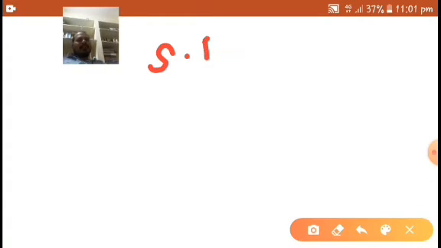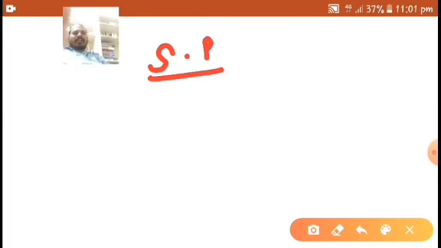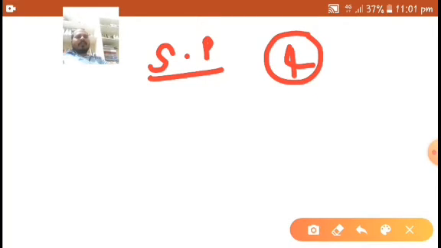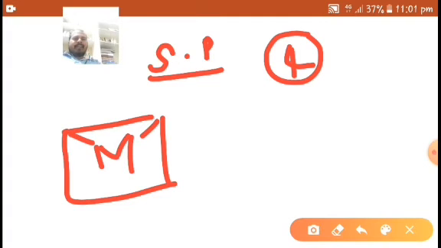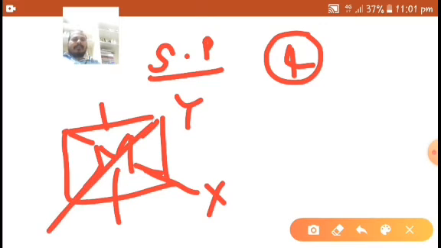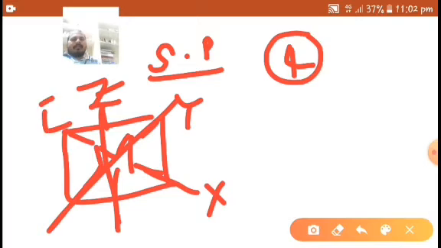If you observe square planar complexes, the coordination number is 4, so there should be 4 ligands. M indicates the metal ion, with the x, y and z axes.